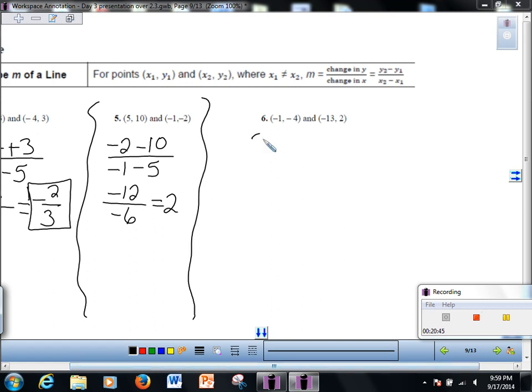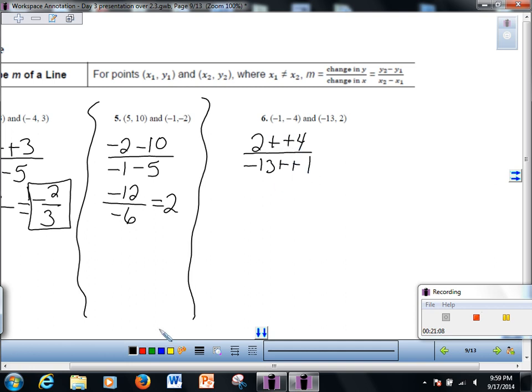Change in y, so 2 minus negative 4 over negative 13 minus negative 1. And what do we know about back-to-back negatives? They become a positive.